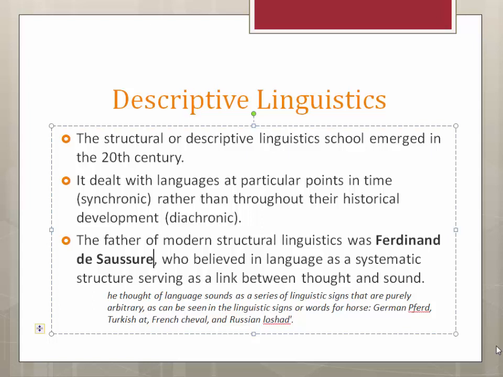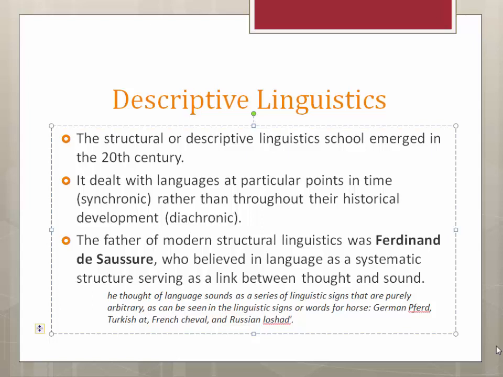The father of modern structural linguistics, Ferdinand de Saussure, believed in language as a systematic structure, serving as a link between sound and thought. According to him, language sounds are a series of linguistic signs that are purely arbitrary, as can be seen in the linguistic signs or words for horse.